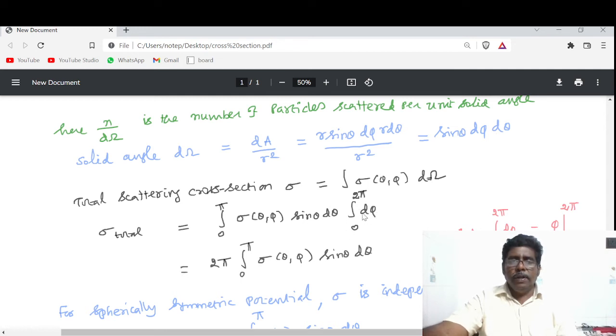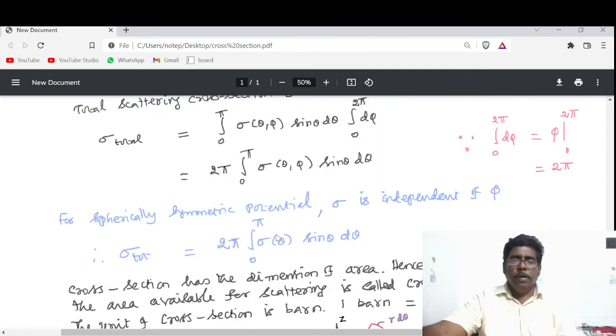Now if you integrate d phi, you get phi and apply the limit. Lower limit is 0, upper limit is 2 pi. So this is 2 pi. Then the integral of sigma of theta comma phi sin theta d theta, limit varying from 0 to pi. Now this is called the total scattering cross section.